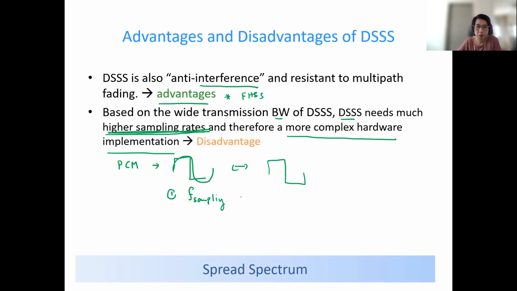If you remember Nyquist sampling, you need to sample at least 2 times the maximum frequency of the signal, right? So if you compare this frequency between no direct sequence and with direct sequence, the frequency of the direct sequence is much larger, right?